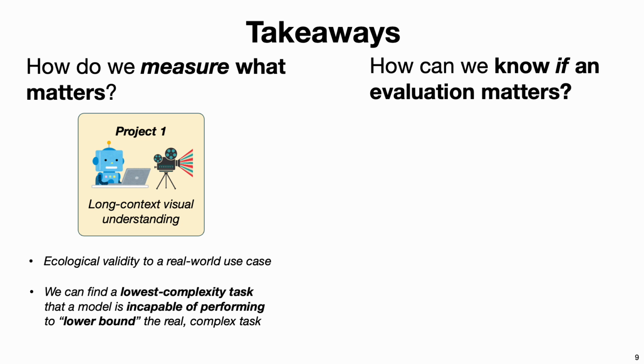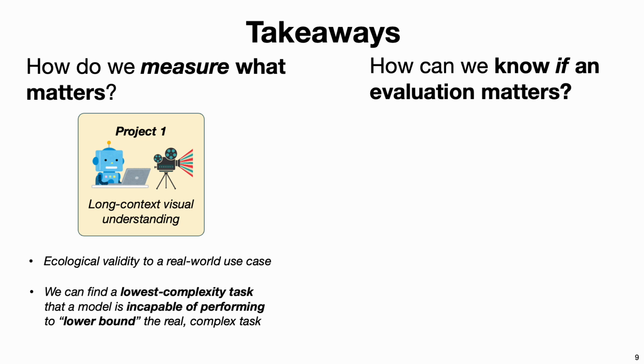And the way that we can do this is by finding a lowest complexity task that a model is incapable of performing. In this case, it was extractive reasoning over unrelated images, which lower bounded the real complex task that we really cared about, which was extractive reasoning over complex and natural sequences.